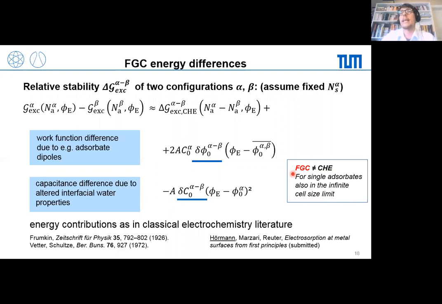You can see that these fully grand canonical results are still in this limit different than the CHE results, which I just want to put here because sometimes I feel like there's the idea that in the infinite cell size limit, such work function differences go to 0, and there's no difference. But if you do the limit with these formulas, there's really still a difference present also in this limit.